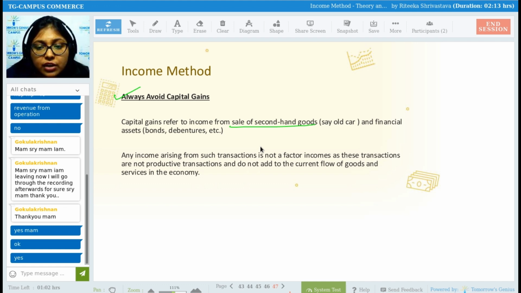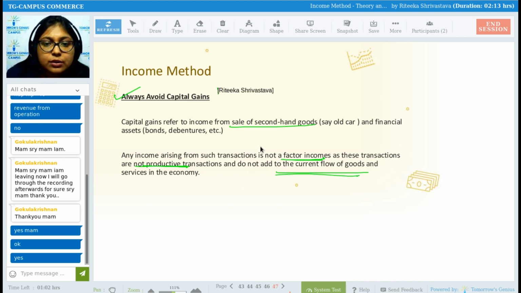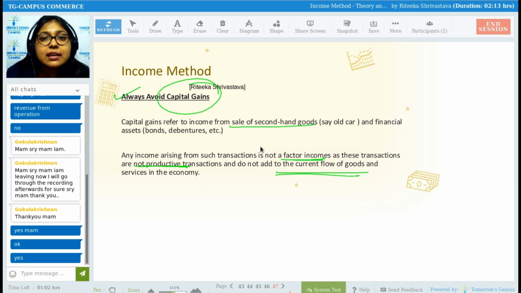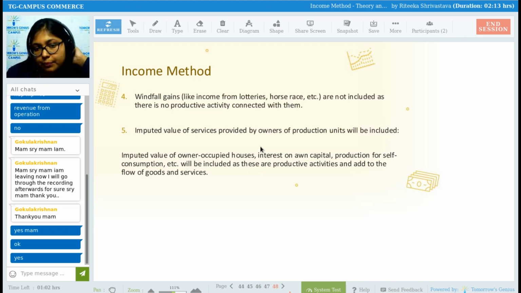Any income arising from such transactions is not a factor income as these transactions are not productive and do not add to the current flow of goods and services in the economy. So capital gains means sale of second-hand goods and sale of financial assets. Although brokerage or commission charged on this sale would be included in the national income.